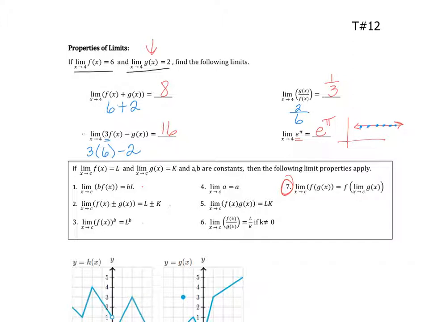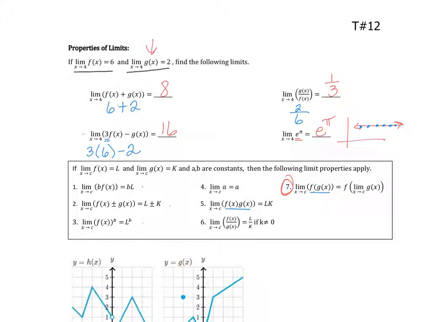It's a little bit tricky, but I want you to look at what it says, and we're going to add something to it. It says if I want to do the limit as x approaches c of a composite function, again, notice the difference between multiplication and a composite, f of g of x.